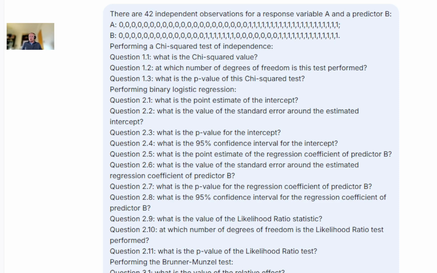In the previous video, I showed how to perform chi-squared tests, binary logistic regressions, and also the Brunner-Munzel procedure in ChatGPT, the last free version, version 5. In this video, I show how to do exactly the same in DeepSeek version 3.2, which is the most recent free version of DeepSeek as we speak.